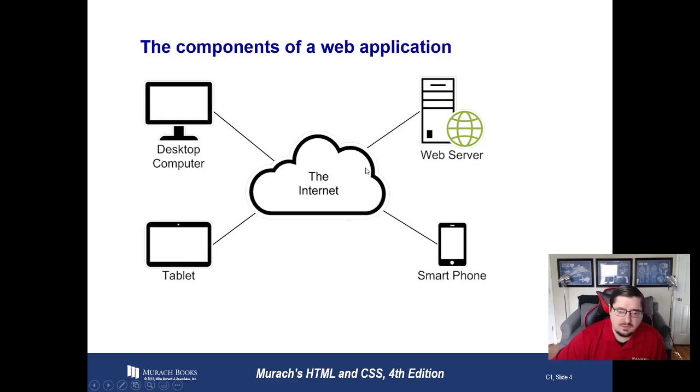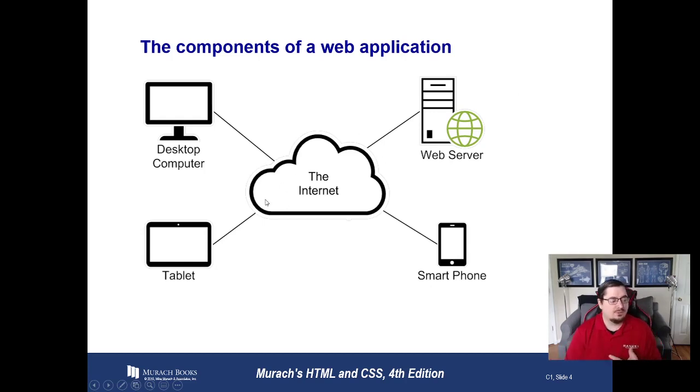To get to that actual web server, you have to go through this mythical cloud called the internet. In reality, this internet is a web of interconnected computers and routers and other network infrastructure that deals with all the networking that's needed to get you from point A to point B. There's a lot going on in that middle, and if you were to take the networking curriculum, it would be all about this stuff in between, right?